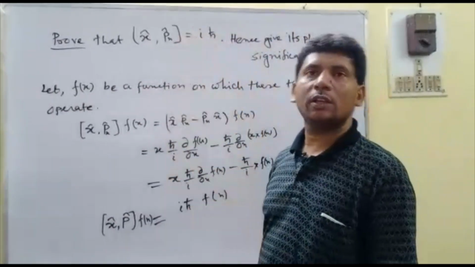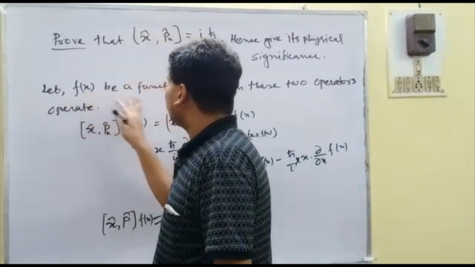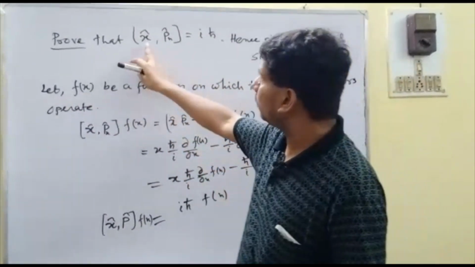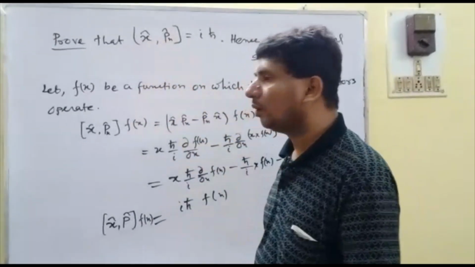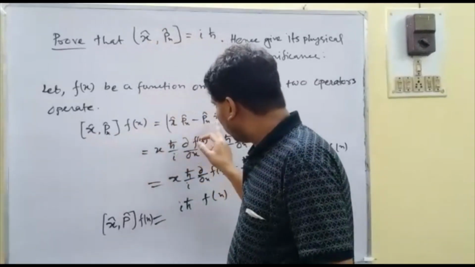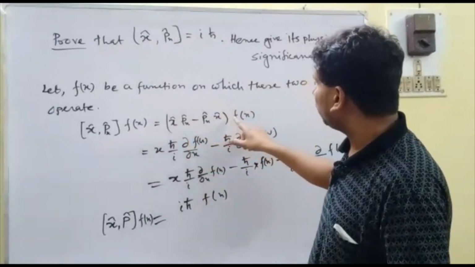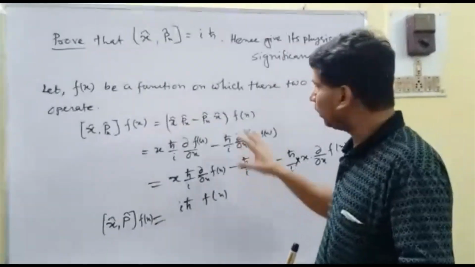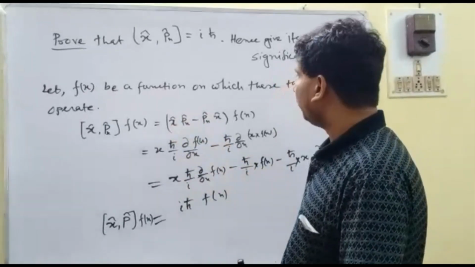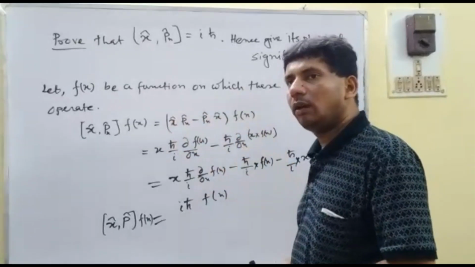Let us consider f(x) be a function of these two operators, x and p_x. If p_x x and x p_x commute, then the commutator equals 0, but if not, we can calculate it: x p_x minus p_x x on f(x).